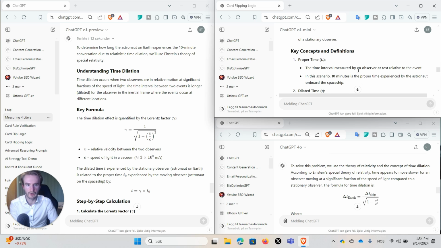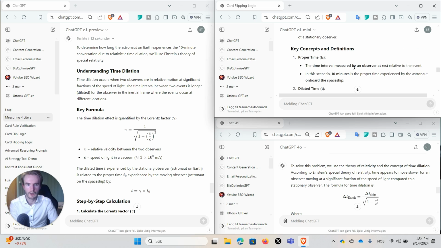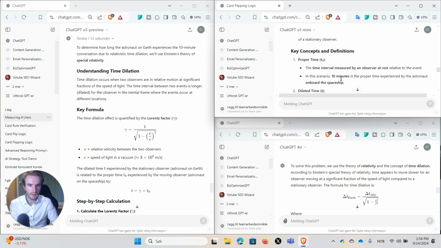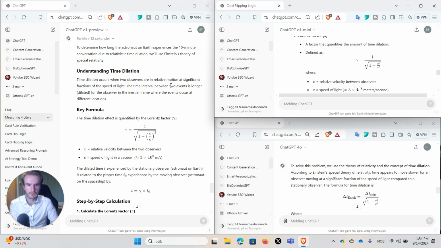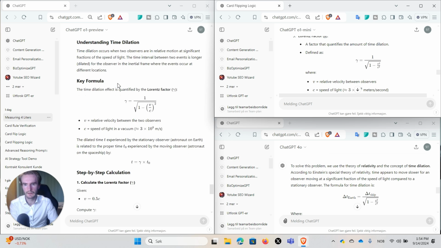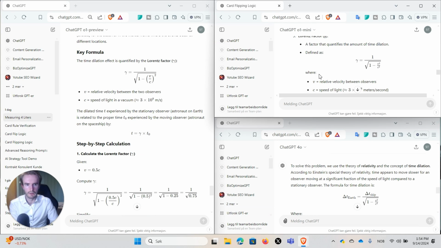So here it actually defines it more thoroughly as well, with explanations of the scenario as well. So that is pretty good, I would say.